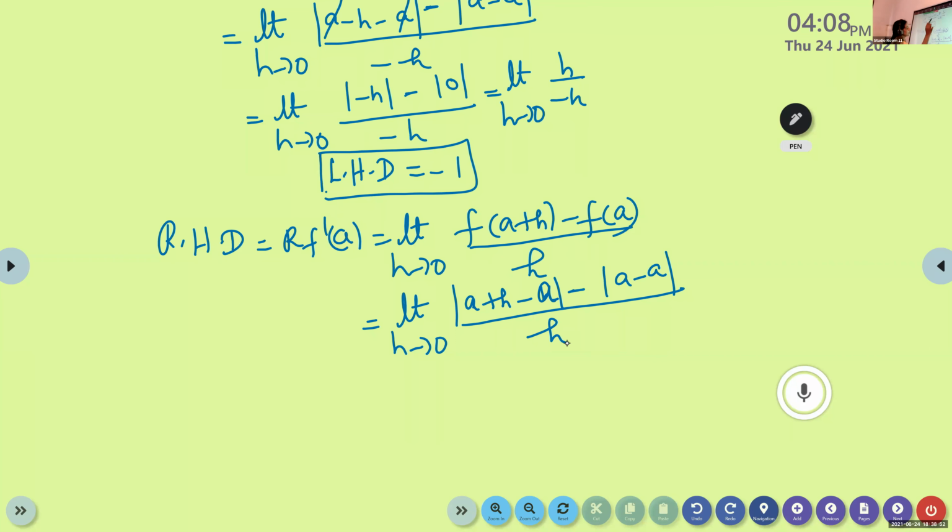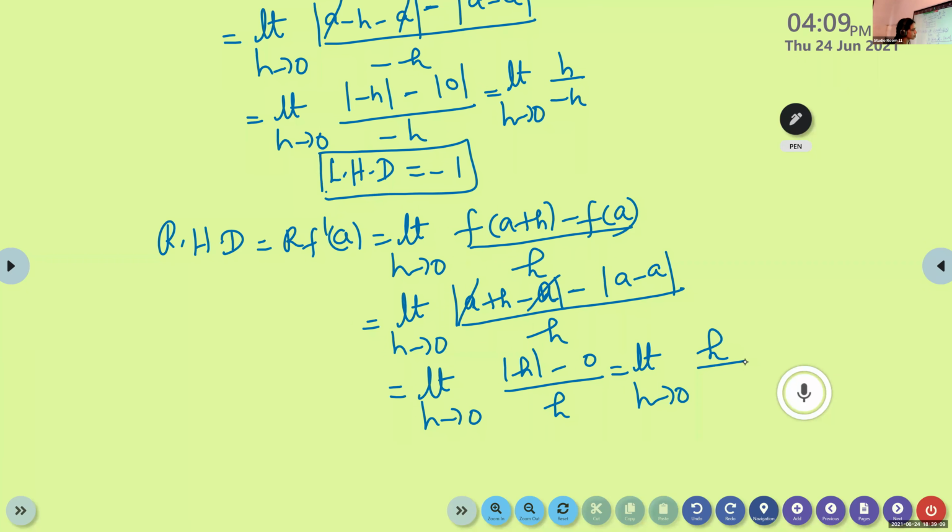Now here, plus a minus a will get cancelled. We get limit h tending to 0, mod h minus 0 by h. What is mod h? This h by h. So it will be 1. So we get right hand derivative is 1.